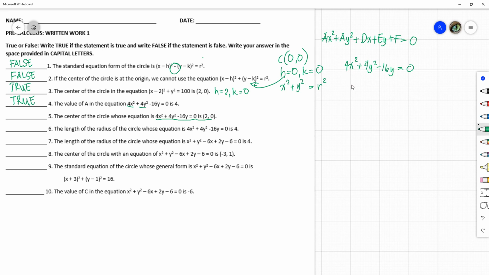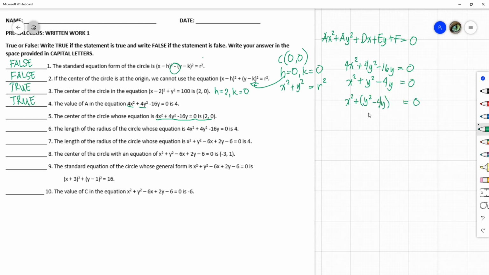So divided by 4, we have x squared plus y squared minus 16 divided by 4 is 4y equals 0. Then we are going to group the terms with common variable. In this case, we don't have any other terms with x. So we have x squared plus, grouping this one, y squared minus 4y equals 0.